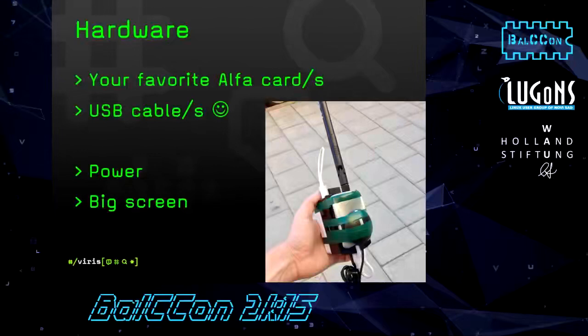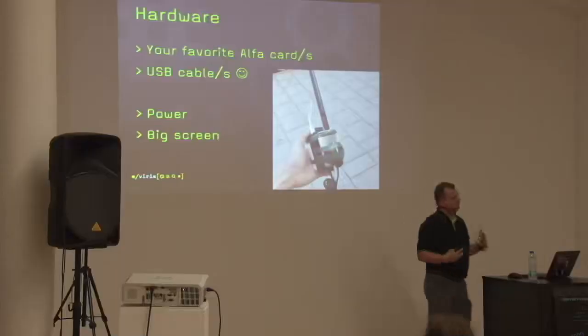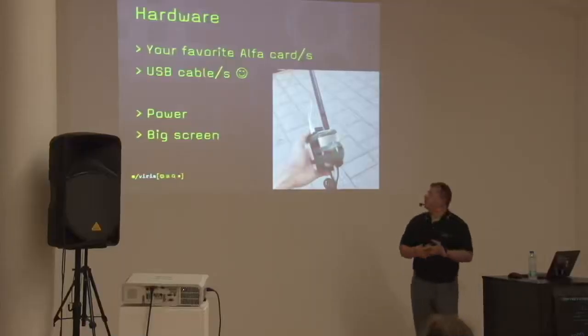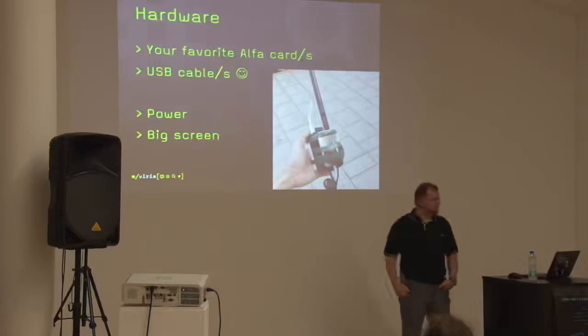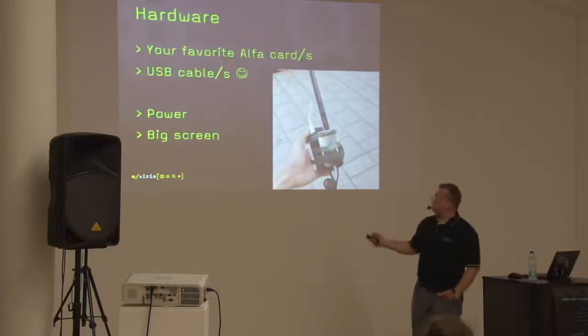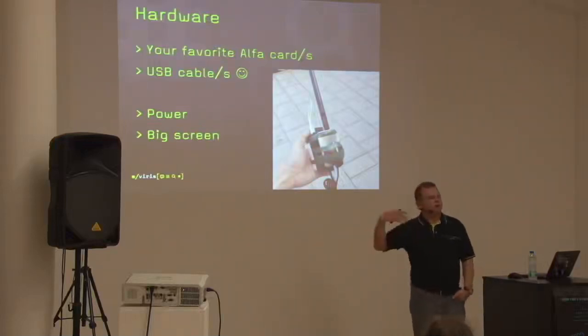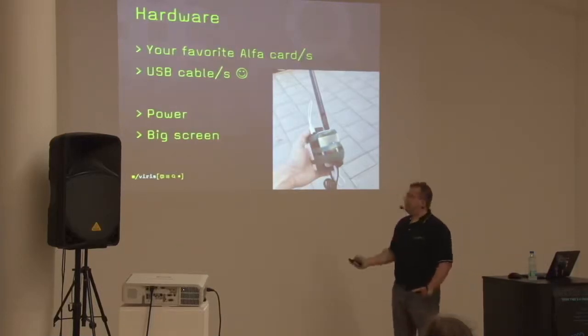Regarding the hardware, definitely your Alfa wireless card or something else with a good chipset. But for monitoring, you don't need a really advanced chipset because you won't be doing any kind of injection. So a lot of USB cables. You're going to see that you need a lot of power if you're doing it with a big Elasticsearch cluster behind. And you need a big screen.